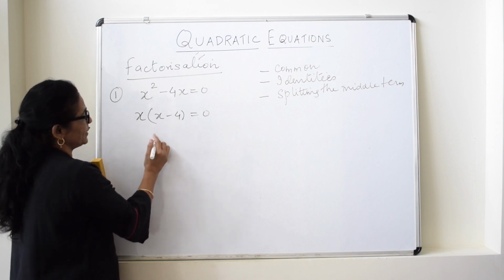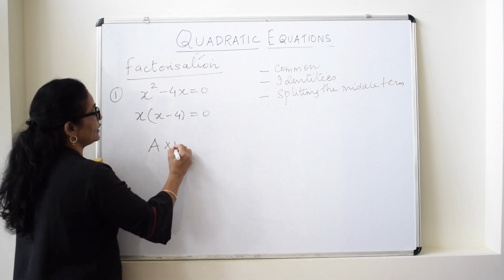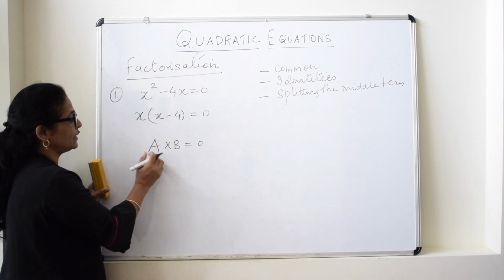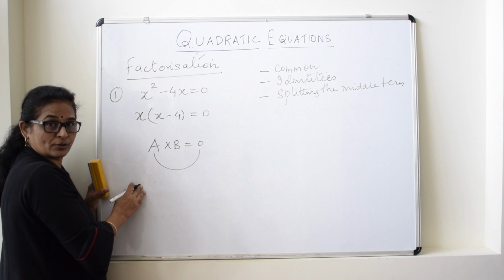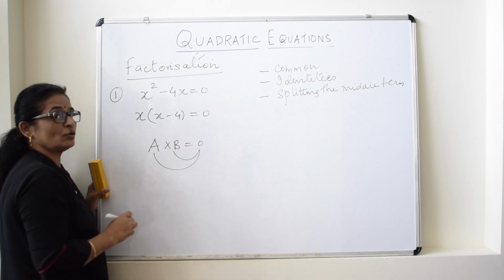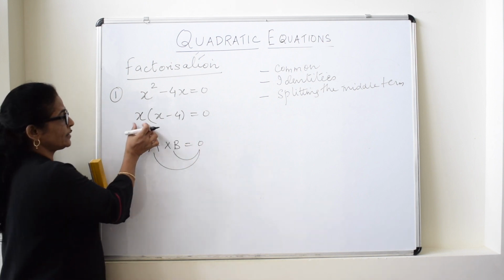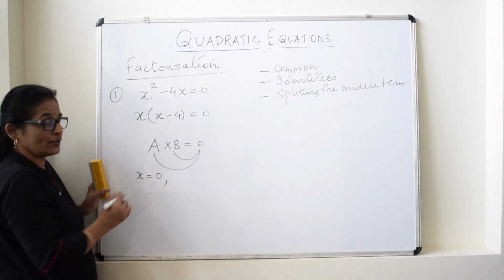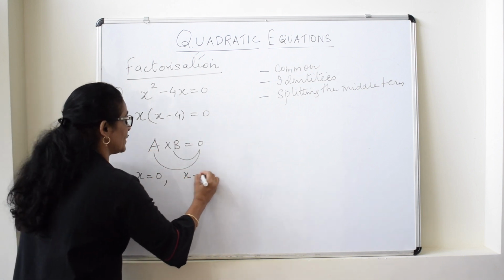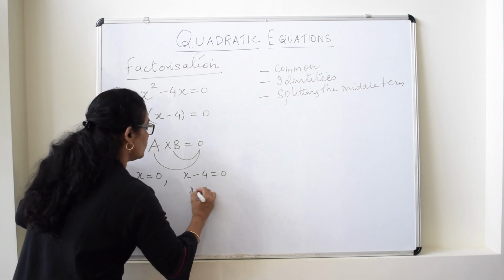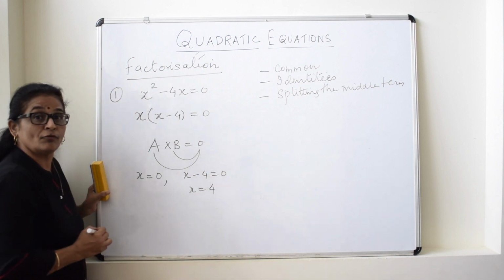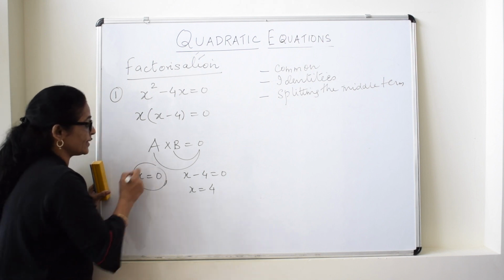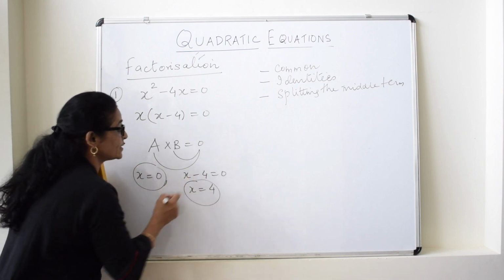Now, this is something like a into b is equal to 0. When a into b is equal to 0, then either a is equal to 0 or b is equal to 0 or both can be 0. So taking one at a time, the first value is x is equal to 0. The second, x minus 4 is equal to 0, will give us x is equal to 4. So what have we observed? One value is x is equal to 0, another value is x is equal to 4.